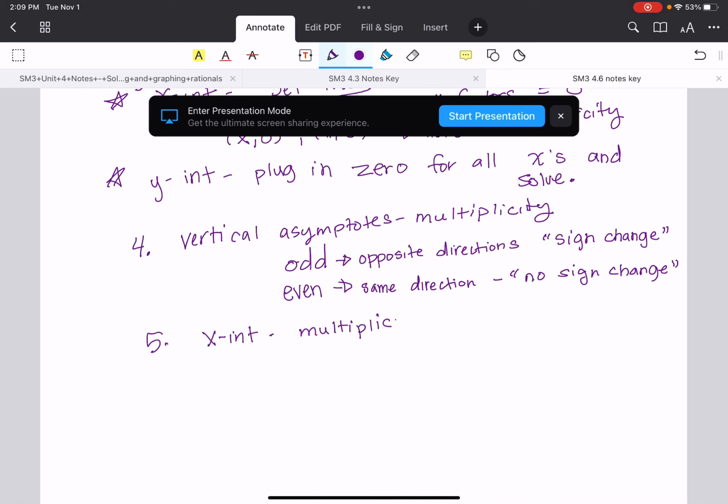Then we have our x-intercepts multiplicities. If it's an odd multiplicity, it goes through the x-axis.